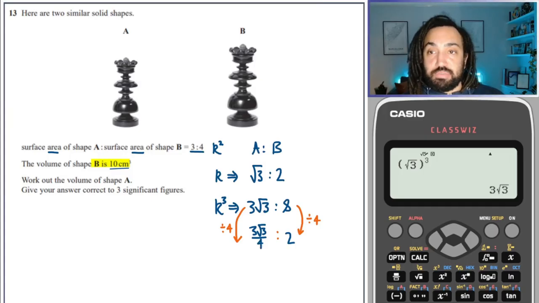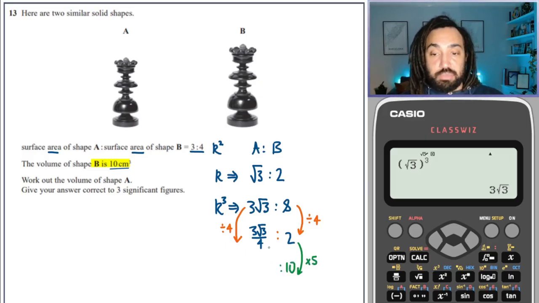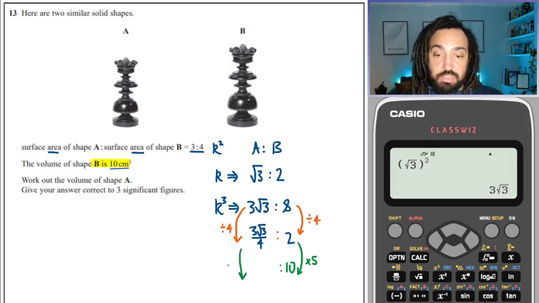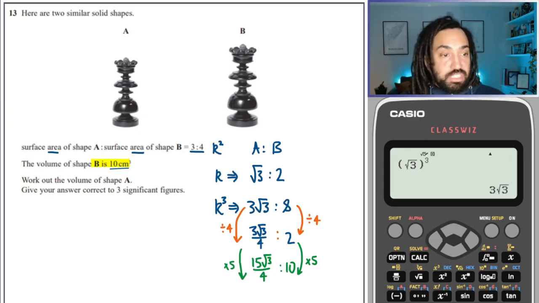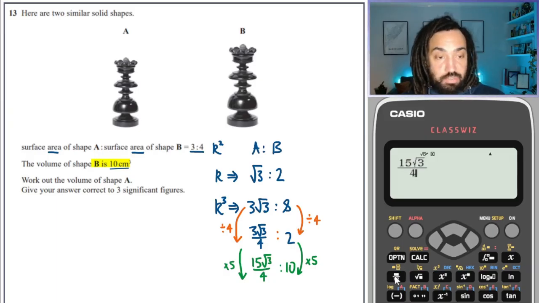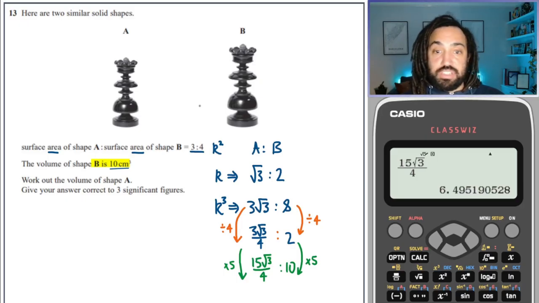We'll work out the decimal value once we've finished. And then I can continue by multiplying this by 5, and this will get me to 10 on the right side, which is what I want. And then if I multiply this by 5, this will give me 15 root 3 over 4, and that will be our answer. We want it to 3 significant figures, so we have to do 15 root 3 over 4, and we'll get an answer of 6.50.